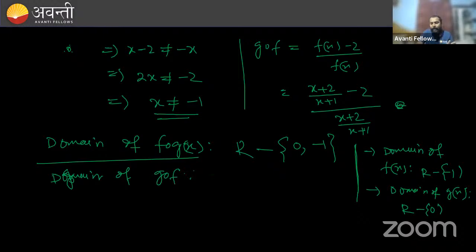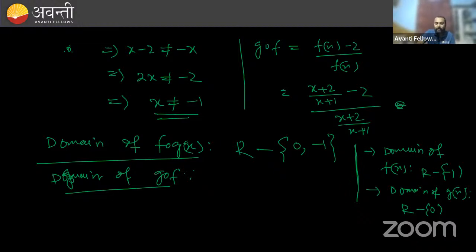Domain of f of x is r minus minus 1, right? ये तो मुझे पता चल जाएगा कि minus 1 जो है that does not belong to the domain of GOF. Similarly, domain of g, okay, so मुझे ये find out करना है, search such an element in f of x for which g of x becomes 0, right?